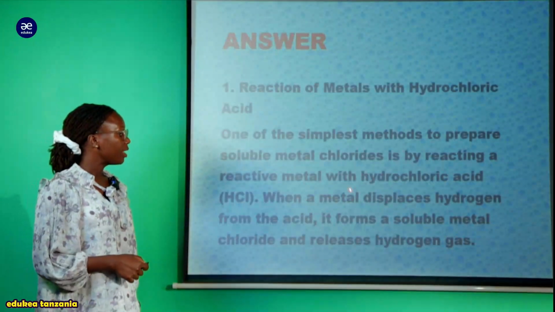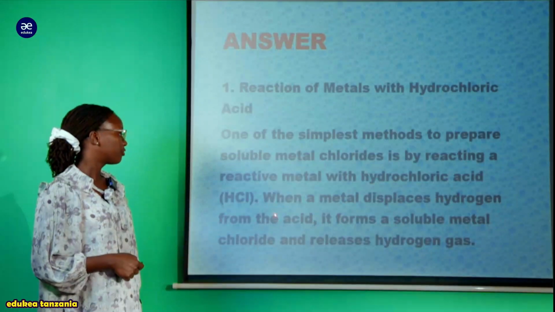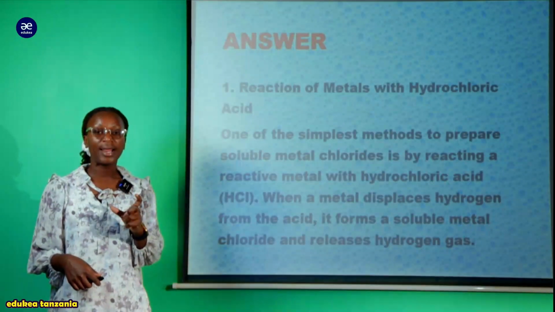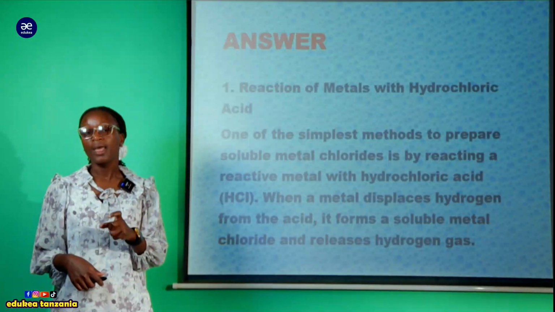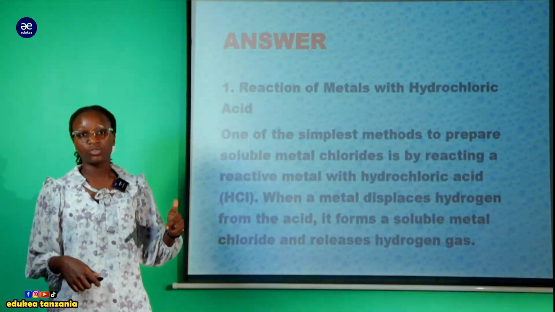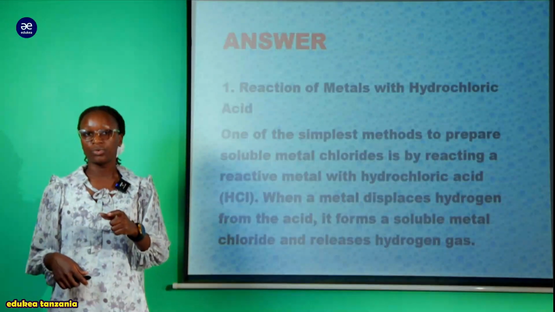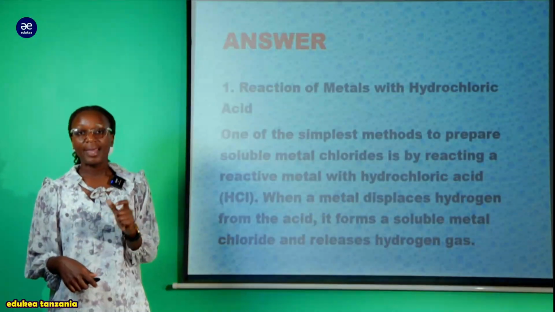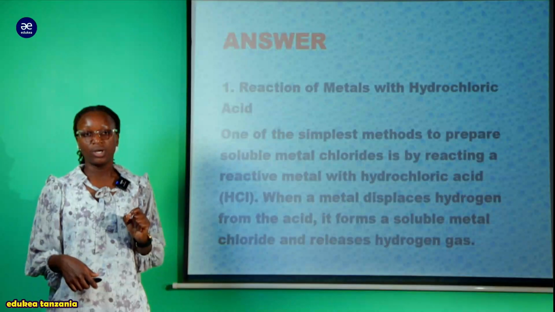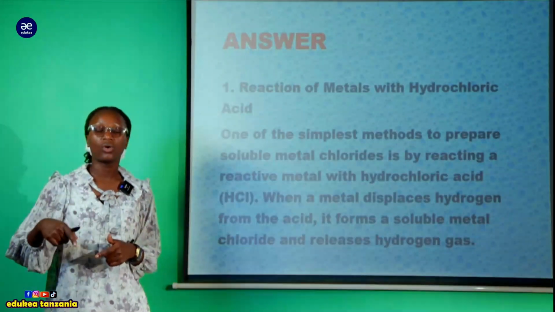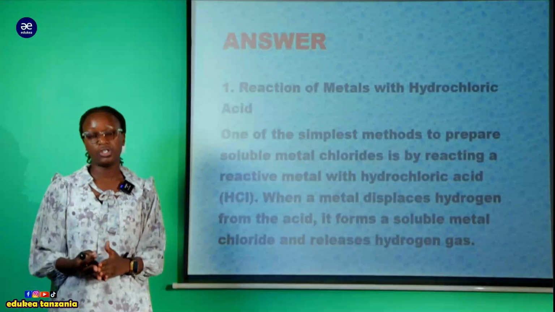So when a metal displaces hydrogen from the acid, kitu unachotakiwa u-note hapa ni kwamba tunavyoongelea ile reactivity, always the more reactive metal is able to displace another metal from a compound, tunasema the less reactive one, kwamba ile ambayo ni most reactive ina uwezo wa kumtoa yule mwingine ambaye ni less reactive kwenye compound, halafu yeye ndo aka-replace ile position.